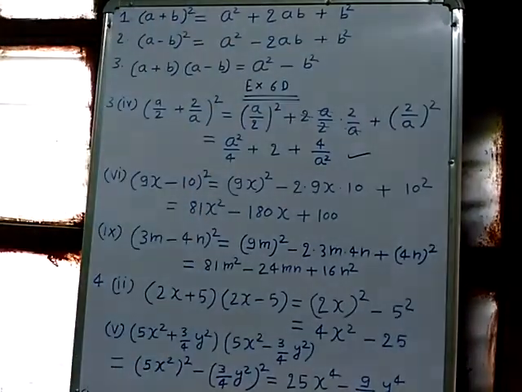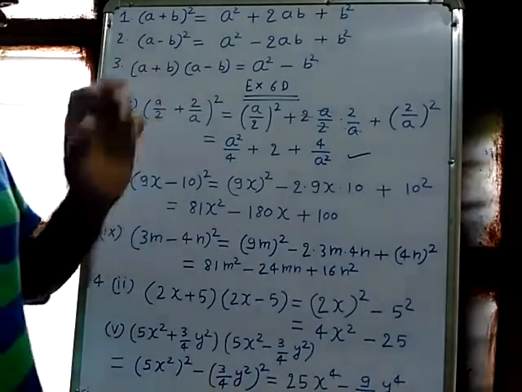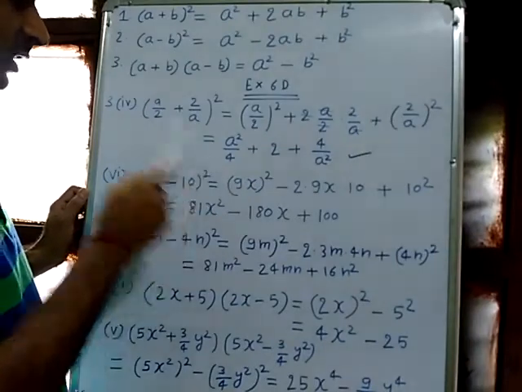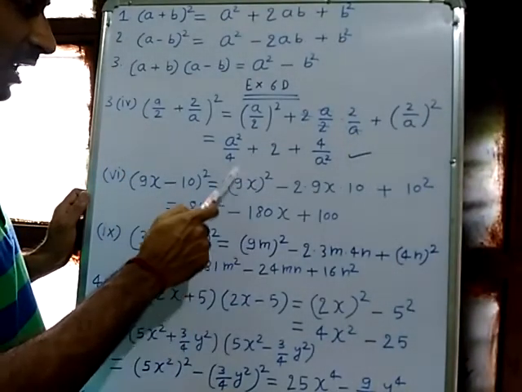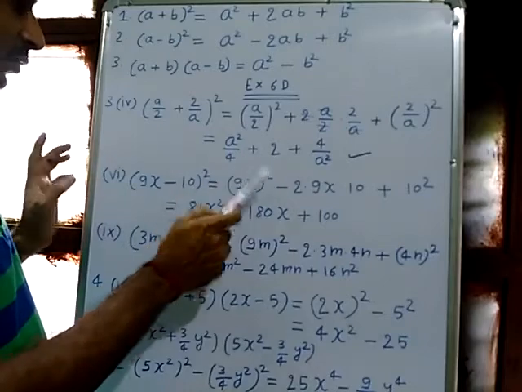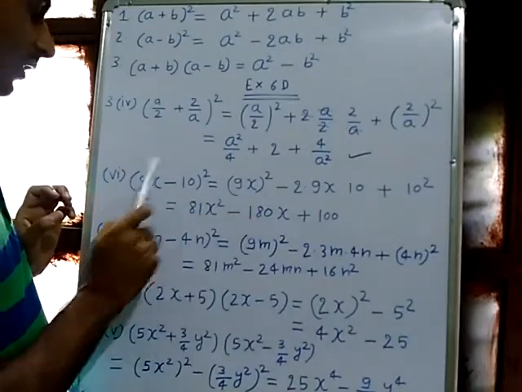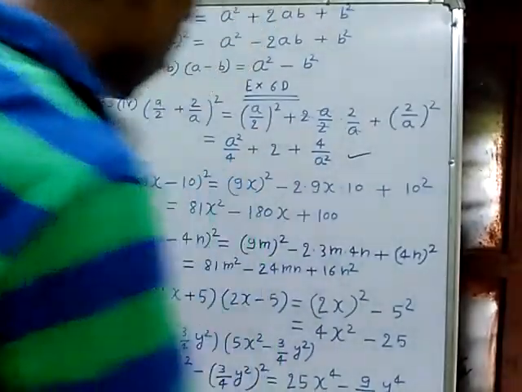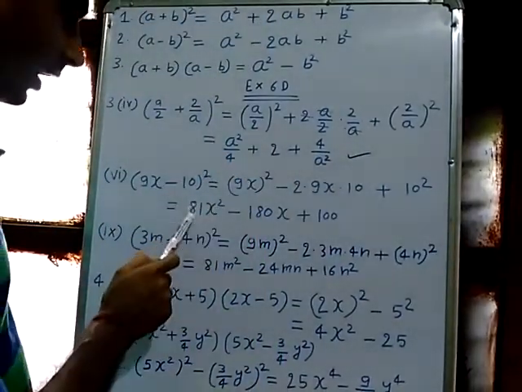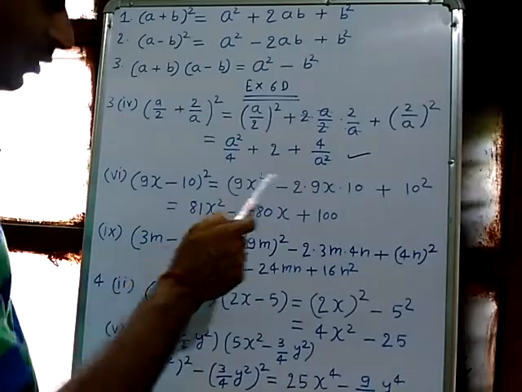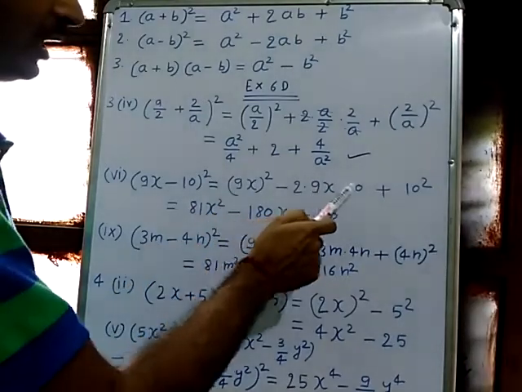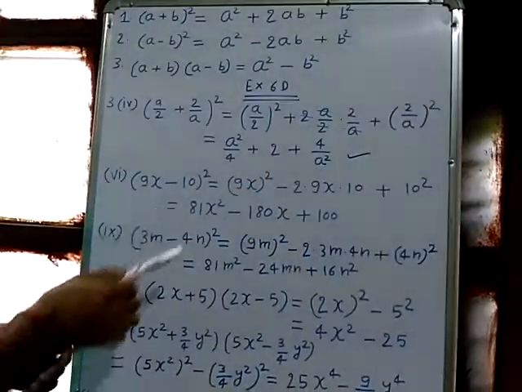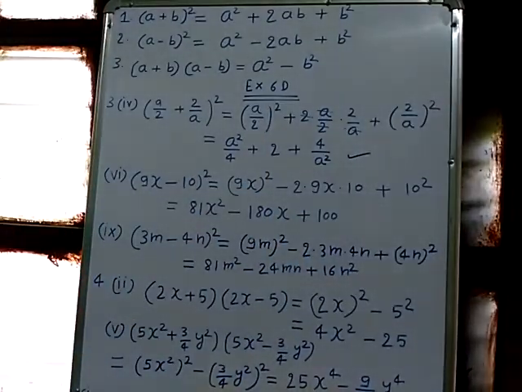That's why I am saying you need to learn all the identities by heart, very important identities. 9x minus 10 the whole square: 9x the whole square minus twice of 9x into 10 plus 10 square. 9x the whole square, 9 square, 81x square, 81x square minus 2 into 9 is 18, into 10, 180x, plus 10 square, 100. So this is the answer of the sixth part of question number 3.